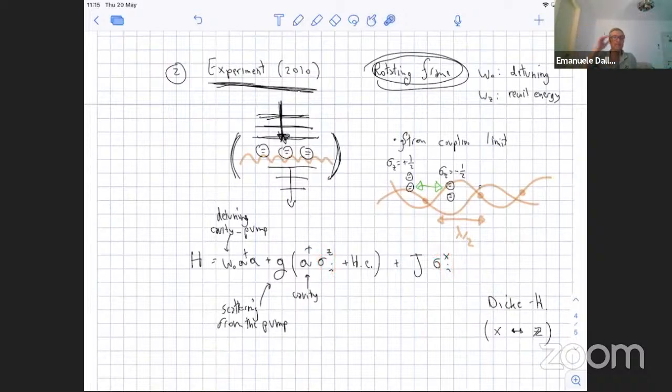But this is completely arbitrary. So if you want to just call this sigma z, sigma x, this sigma z is exactly the same. So the statement is that this experiment realizes the Dicke Hamiltonian.